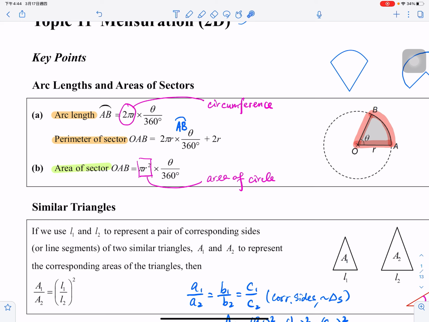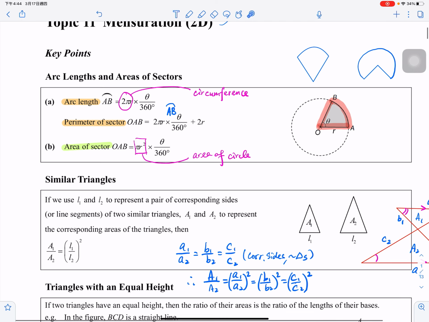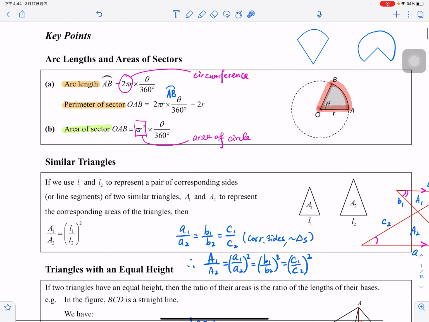So when you find the arc length or the area of a sector, that means you find part of the circumference and part of the area of the circle respectively. Some questions are related to the arc length and the area of a sector in DSE.